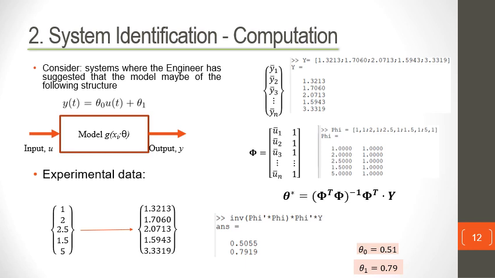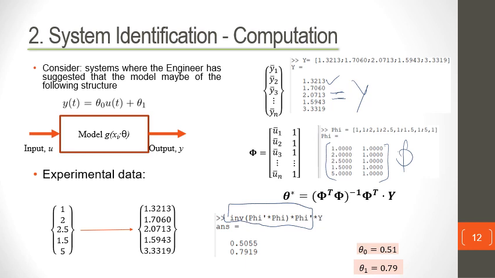So we said it therefore means that you can use your computing software. First, you construct a vector y of your output data, and then you use your input data now to construct phi. And then afterwards, you calculate the Moore-Penrose inverse, which is this one. So you calculate this inverse, and this is done in Octave.